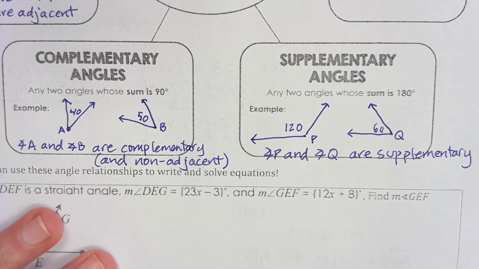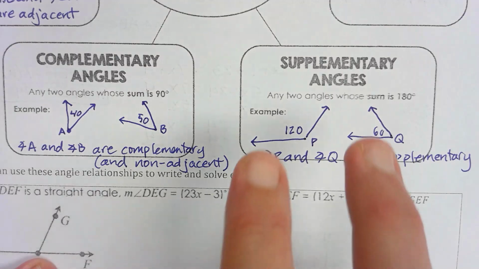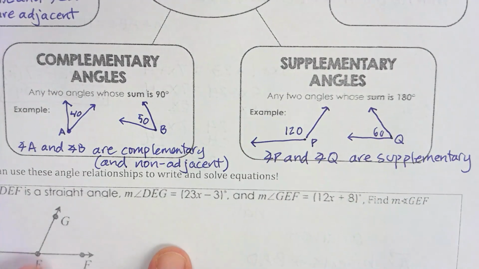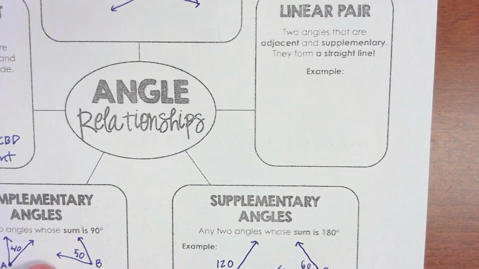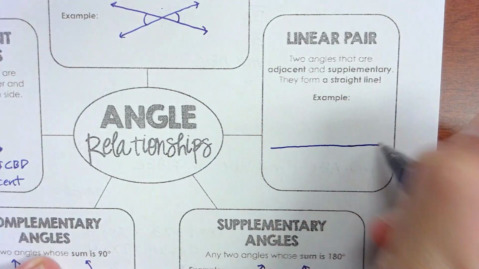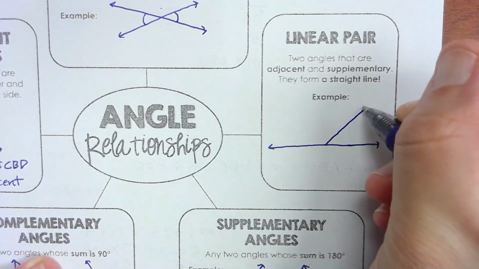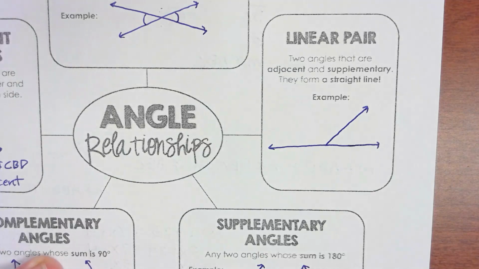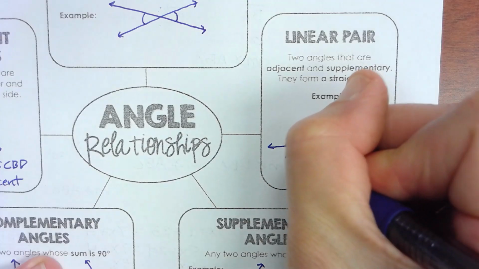Okay. Now, a linear pair is like a combination of these things. A linear pair are two supplementary angles that are also adjacent. So I'm going to start my linear pair drawing by drawing a line. And then like this. So these two angles, and we can label them.